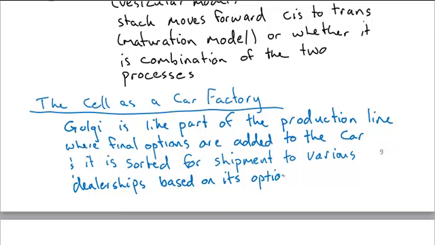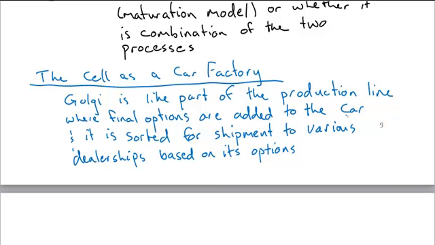Example, if you added in the AC unit into the car, it'd probably be coming to a dealership where it's very warm, so somewhere like Kelowna as opposed to somewhere like Alaska. Okay, so that's the role of the Golgi.